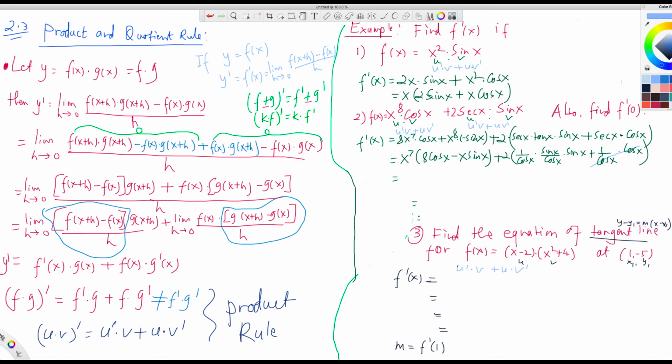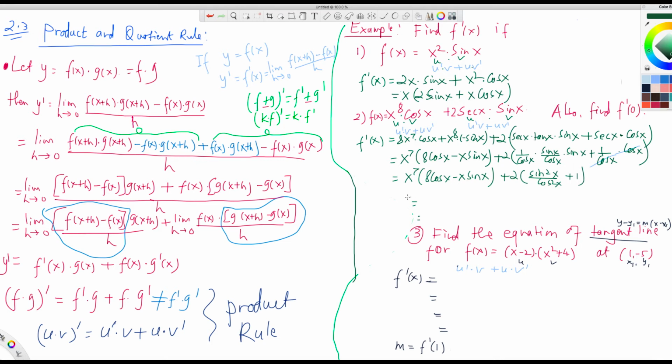Okay, guys. So how would that look if you write it in that form? It is x to the 7 times 8 cosine of x minus x sine x, right? And then plus 2 sine square x over cosine square x, and then plus 1. You see that?